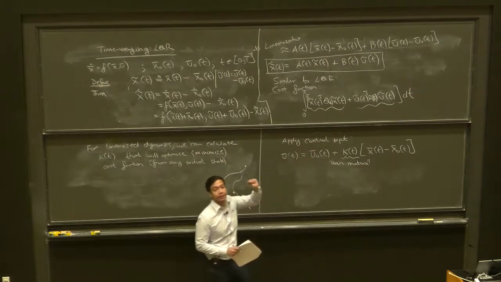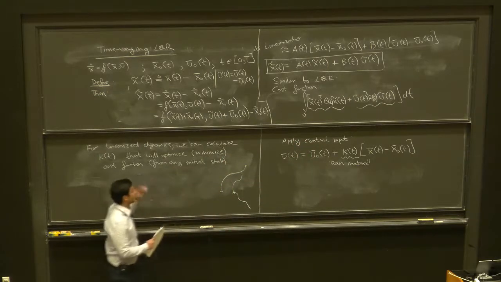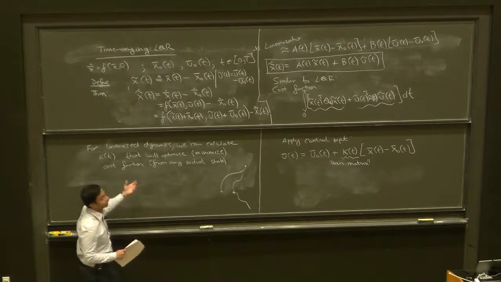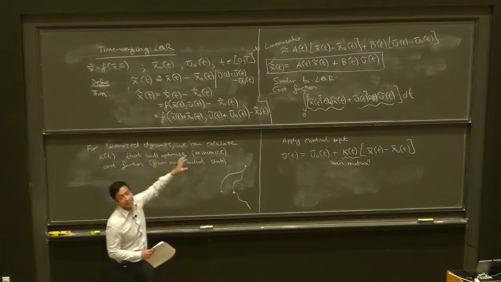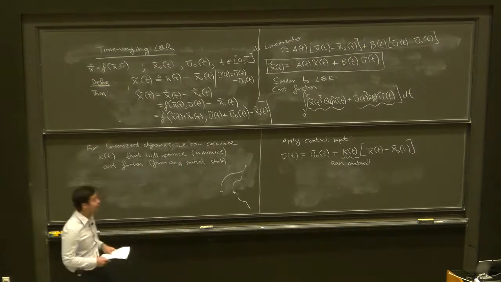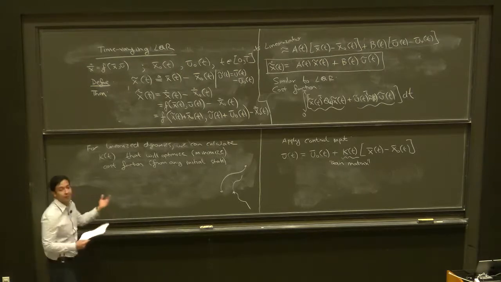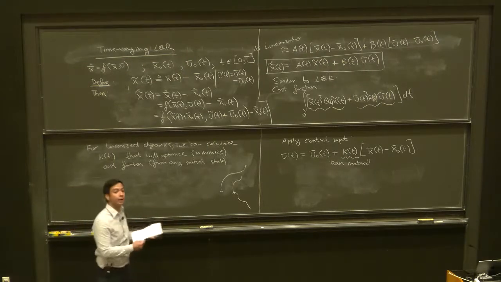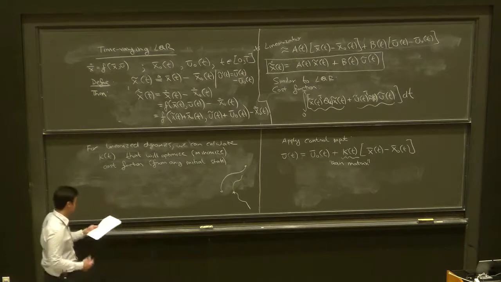Just a number given an initial condition. And this process that I'll describe will find you a gain matrix that optimizes that from any initial condition. So that's basically exactly analogous to our original LQR discussion.